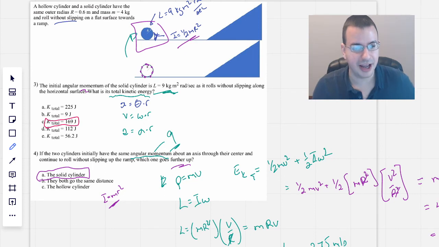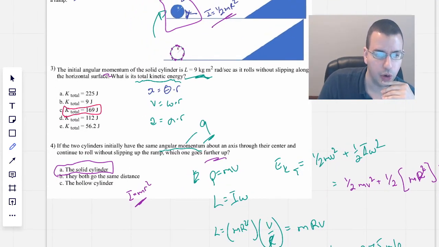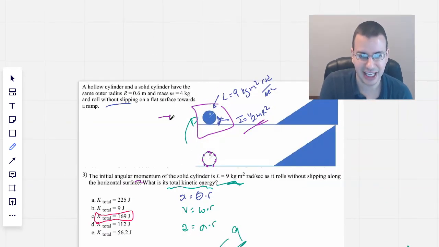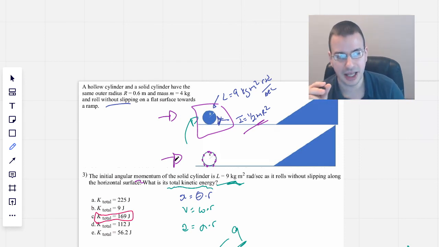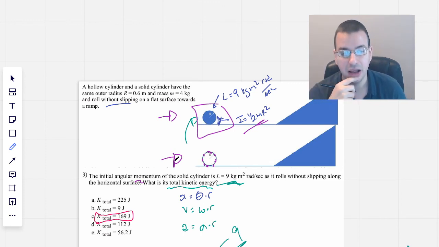But if we look back and kind of feel what happened here, these two shapes have the same angular momentum, meaning that they're both basically as spun up as the other one. Momentum generally relates to velocity, or in this case, angular momentum relates to angular velocity.